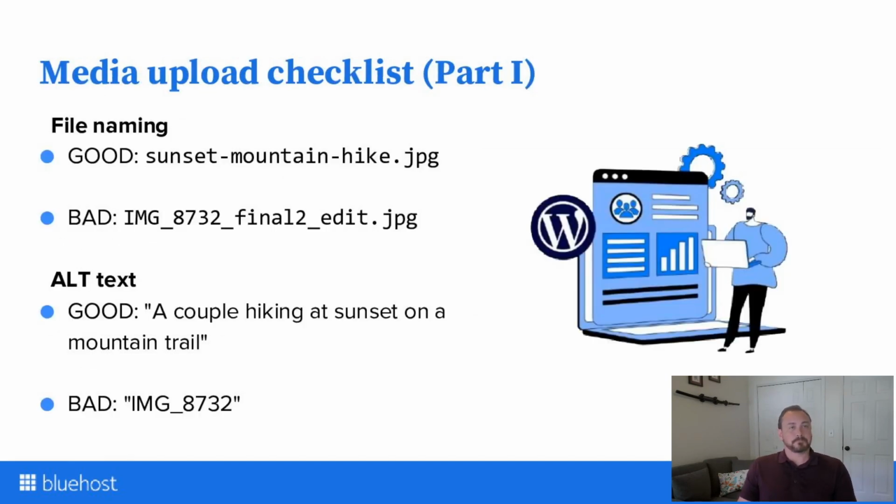So, as far as things you want to think about when you're uploading images, before you upload your image, you want to make sure that you do two things. Number one, you want to make sure that you give the file a good name. Generally, don't include spaces, don't use underscores, use dashes instead of spaces or underscores.